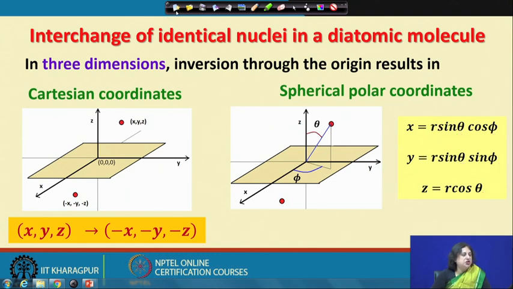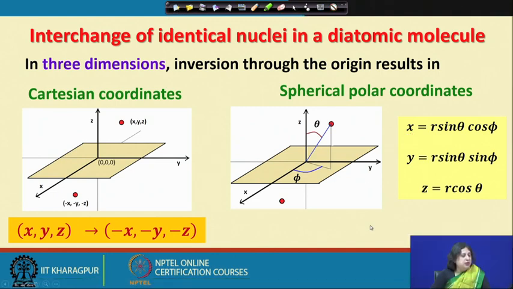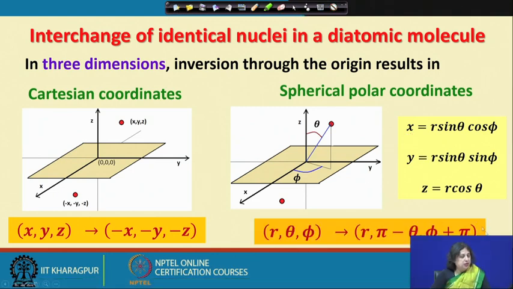Now, with this definition we understand that if we replace x by minus x, y by minus y and z by minus z, there are only certain relationships which are allowed for the new values of r, theta prime and phi prime, and these values are given in terms of the changed numbers that I have noted here.